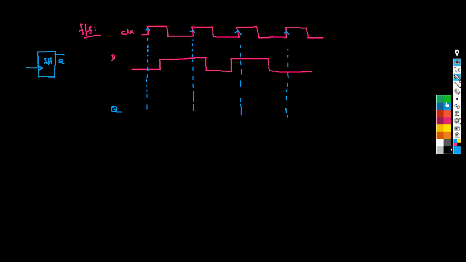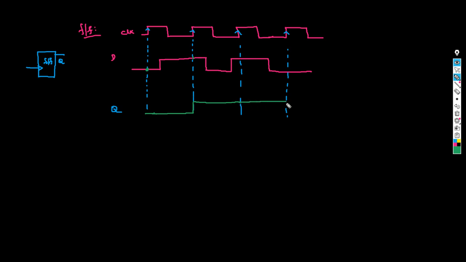Okay. Now what is this value here? It is 0. This 0 would continue till your next clock pulse. Now here 1. Now from here it will continue till the next clock pulse. So next is again 1.